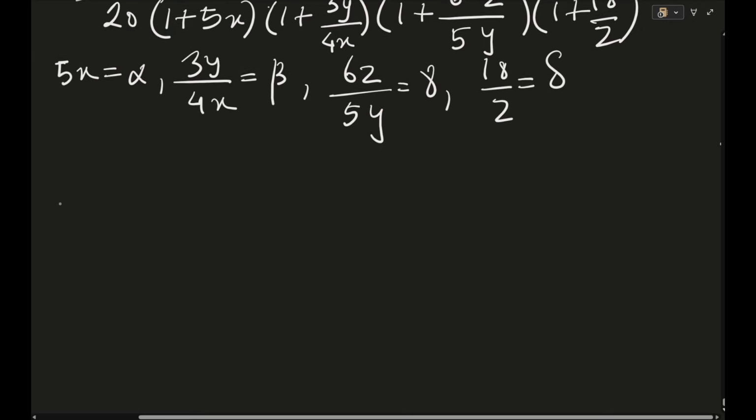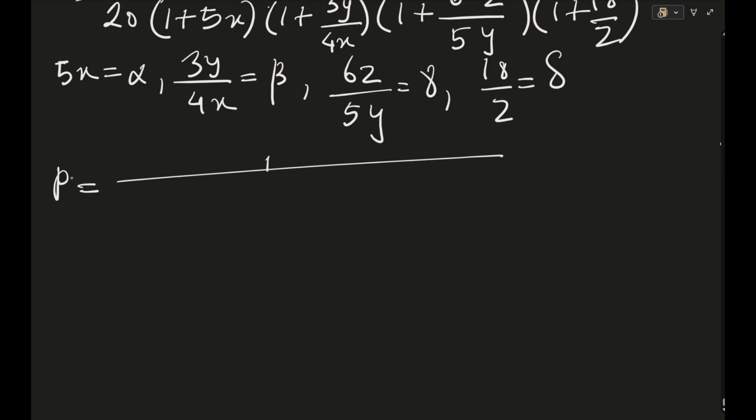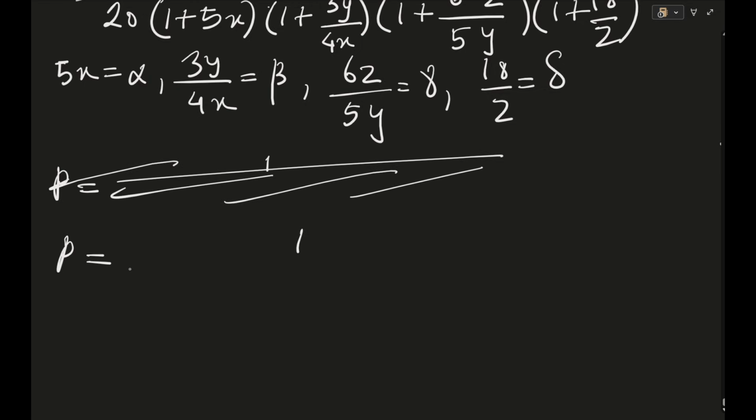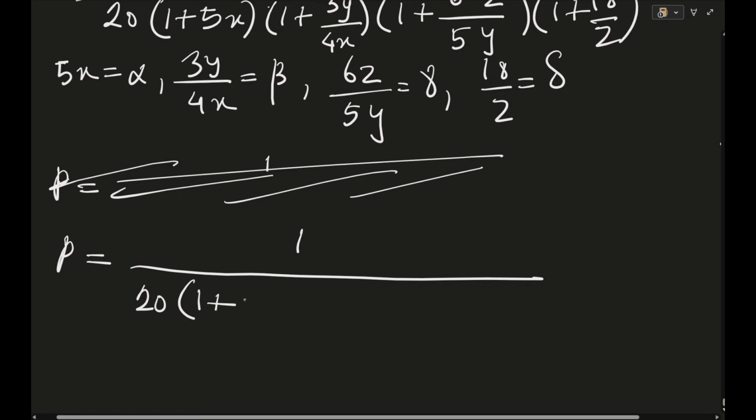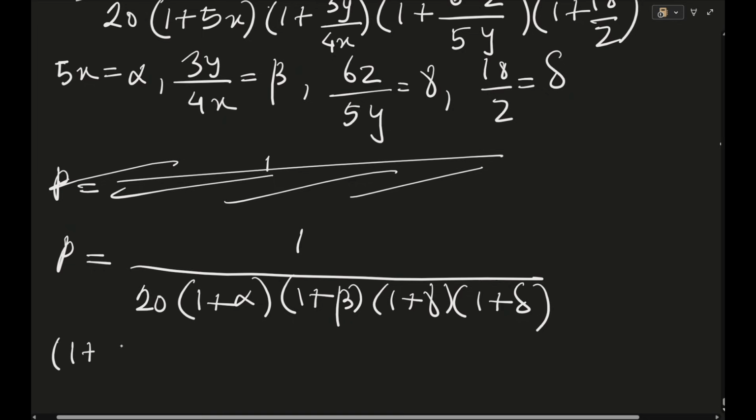Okay, so this thing will get converted into P is equal to 1 whole divided by 20 into 1 plus alpha, 1 plus beta, 1 plus gamma, 1 plus delta.